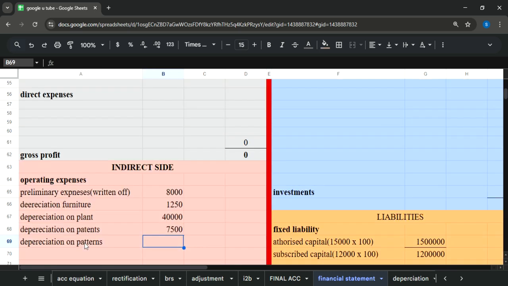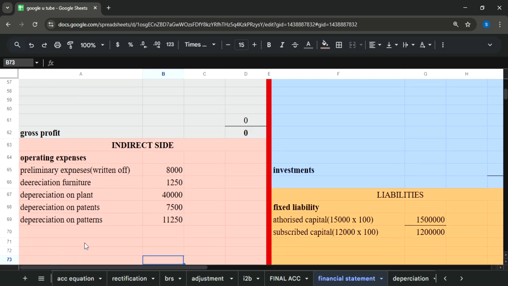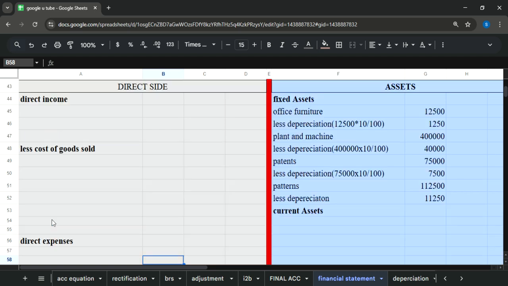The amount was 11,250. So guys, you have seen that there were 1, 2, 3, 4 depreciations, and the 4th was without calculation.